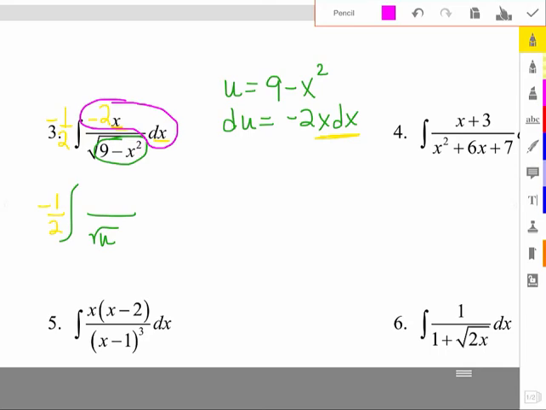And if I like, I can write it as u to the negative 1/2. So I'm ready to power up. Power back up, I'll have u to the positive 1/2, and of course divide by 1/2 or times by 2. And I already had that negative 1/2 down there.